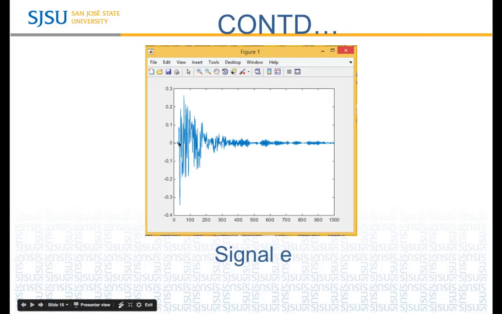Same goes for the error signal, as the error signal depends on the desired signal as well as the output signal. As initially both of them are 0, even the error signal is 0 in the initial stage at the starting samples. But as and when the y and d signals change their value, the error signal also changes its value.